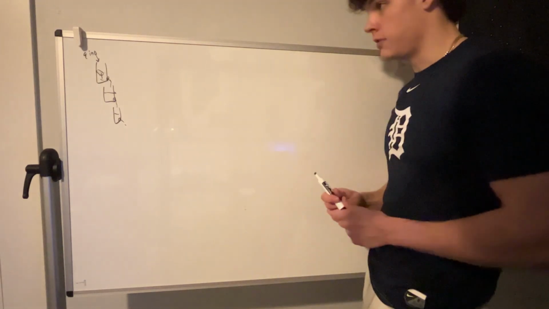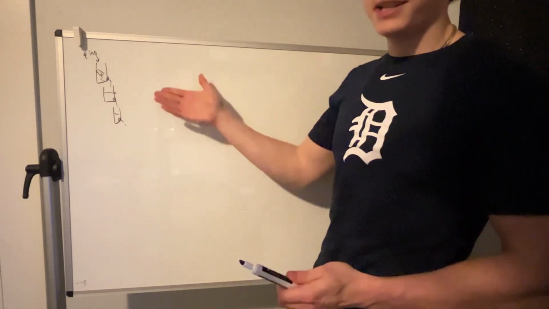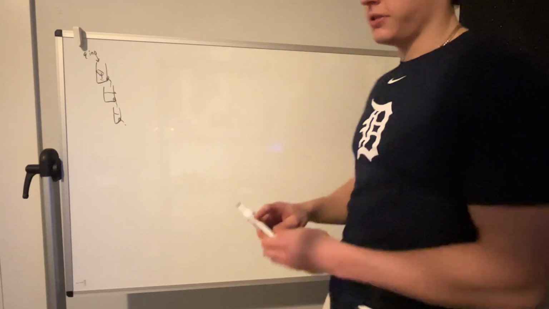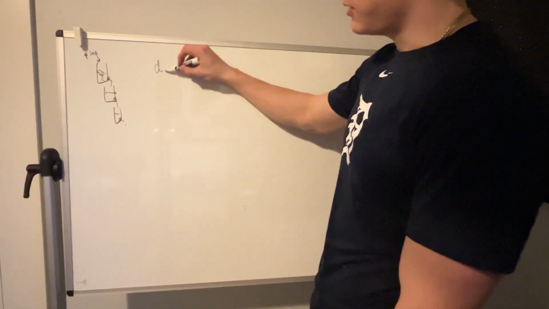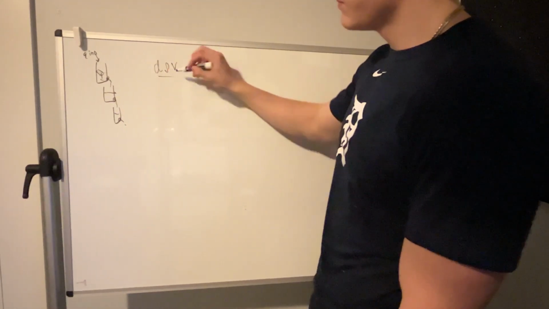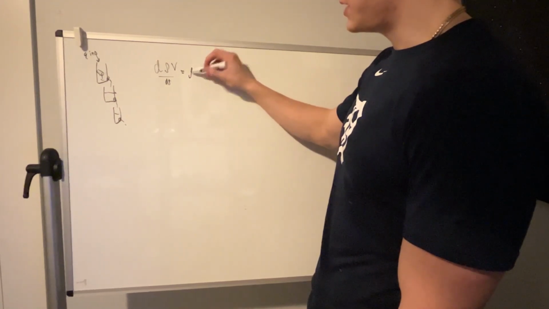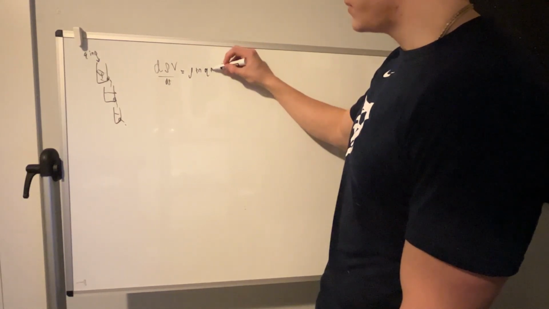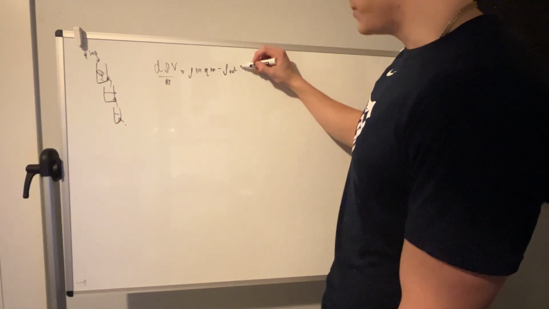So the first thing we're going to do is think of these tanks as a system of mass, and that mass is going to be constantly changing. So our mass in this case would be our density times our volume. That would be changing with time, equal to our density in times our flow in minus our density going out times our flow going out.